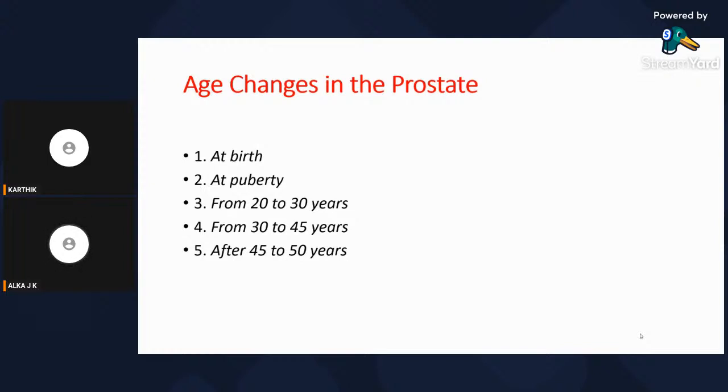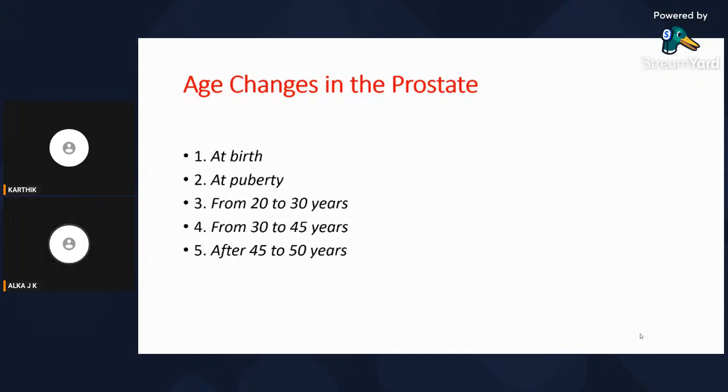Age changes are there in the prostate. At birth, the prostate is small in size and made up mainly of stroma. At puberty, the male hormones bring about rapid changes in the gland, and in about 1 year it becomes double its prepubertal size, due to rapid growth of follicles and condensation and reduction of the stroma.